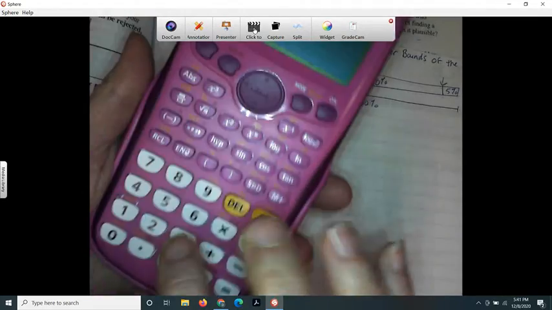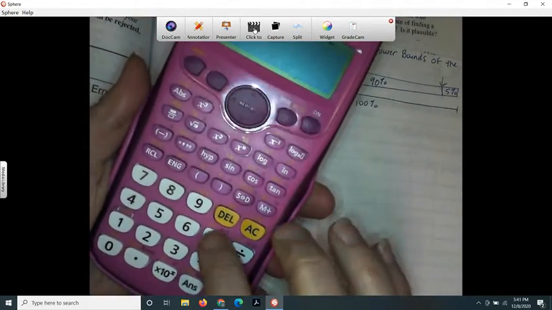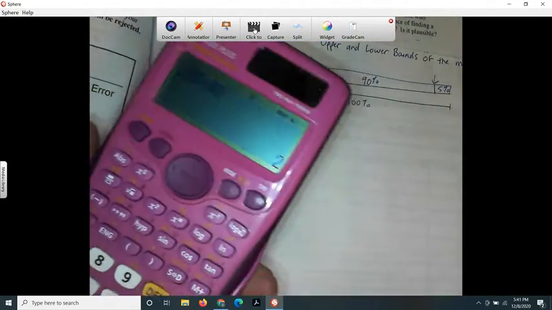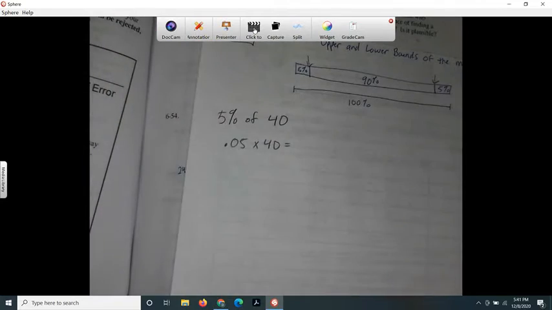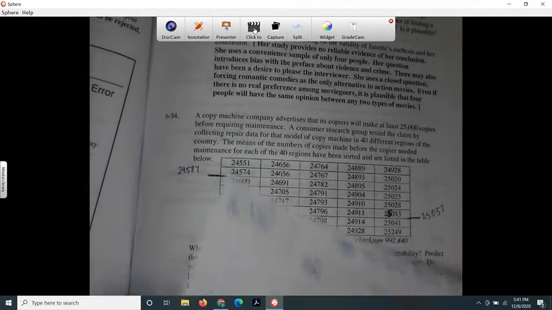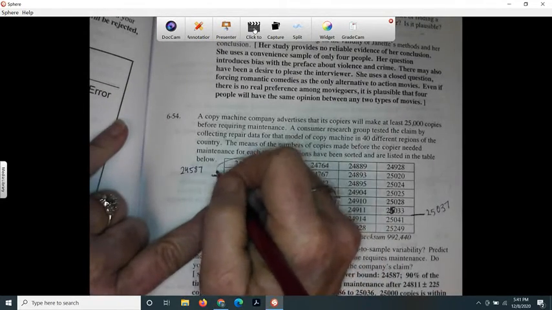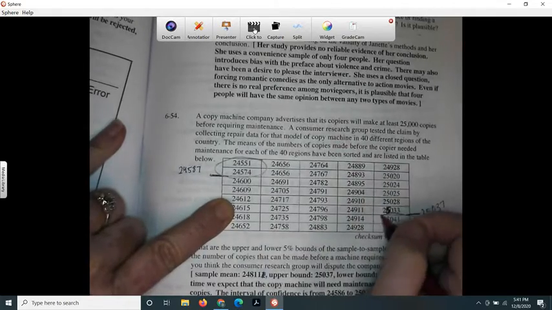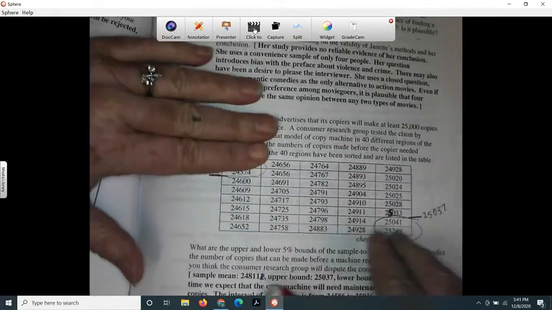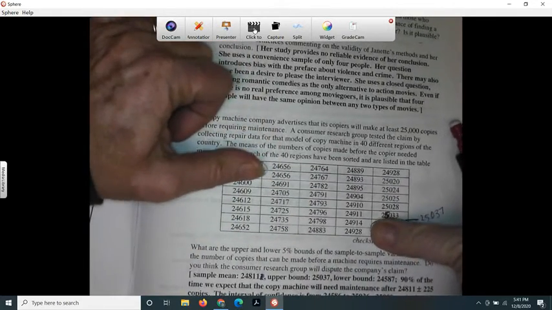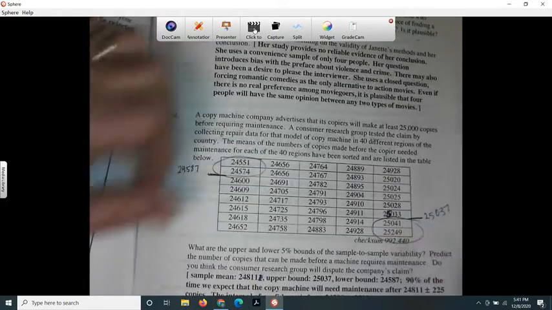And that's, I think I'm going to get 2. That's 2. So that means that 5% of 40 is 2. So I want to cut off these two numbers and these two numbers to get my middle 90%. If I get rid of those numbers, then I'm going to have the middle 90%. I got rid of the 2 lowest numbers and the 2 highest numbers.